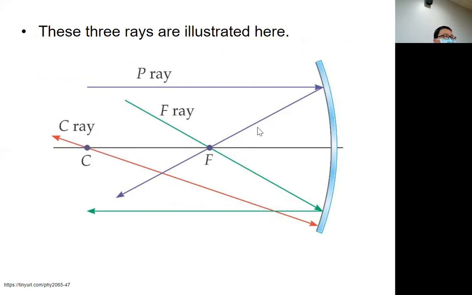The P ray hits the mirror and gets reflected back through the focal point. The focal ray, the F ray, hits the mirror and gets reflected back parallel to the central axis. The C ray will hit the mirror and come right back, because that's the normal direction. The law of reflection tells you the incident angle is 0, so the reflected angle should also be equal to 0 in that case.